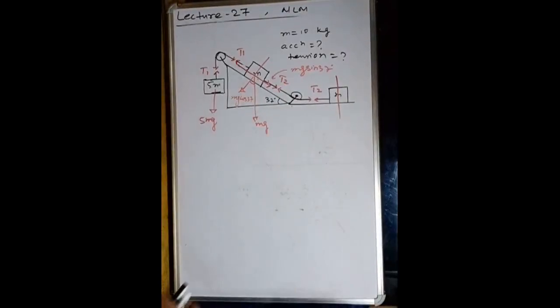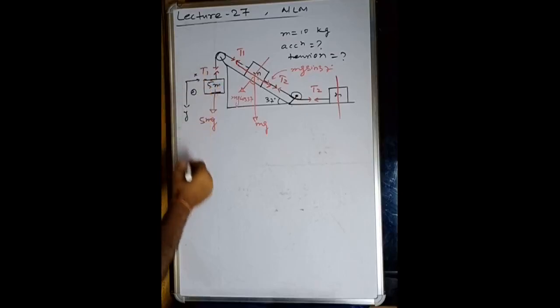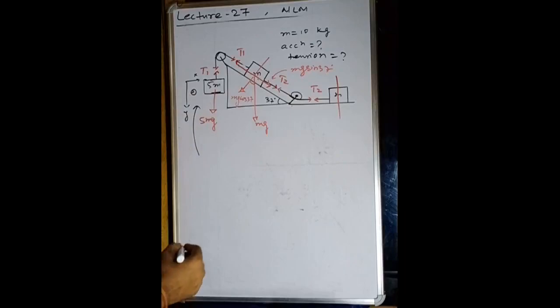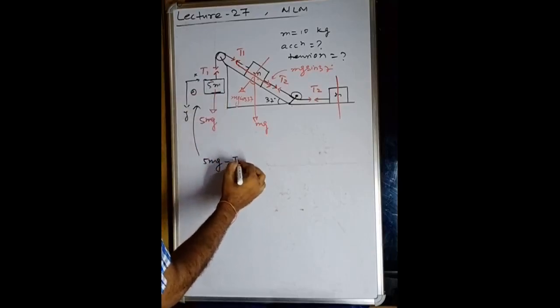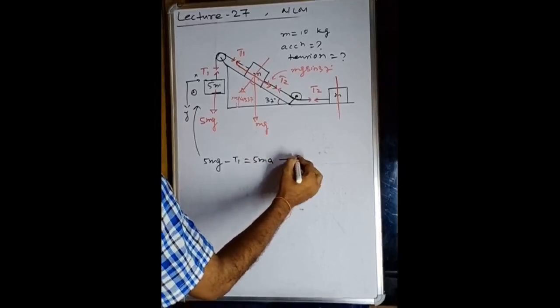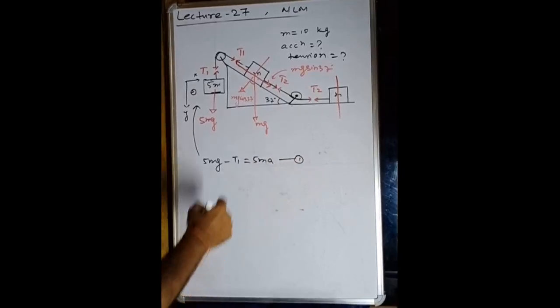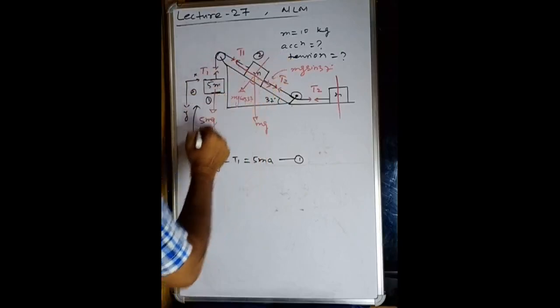Okay. Now I am going to solve. If we consider this as the positive axis, if the system is moving, we write the equation for this body: 5 mg minus T1 is equal to 5 ma. Equation 1. For this body 2, this is 1.